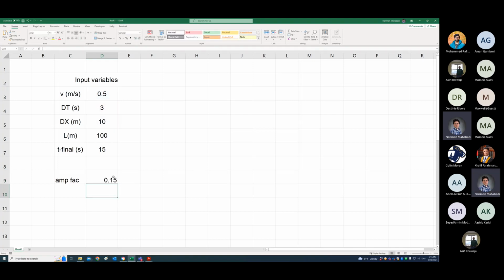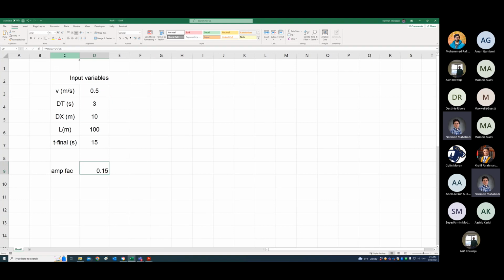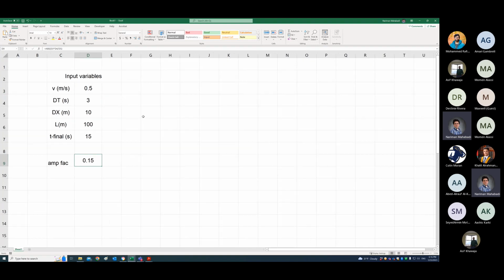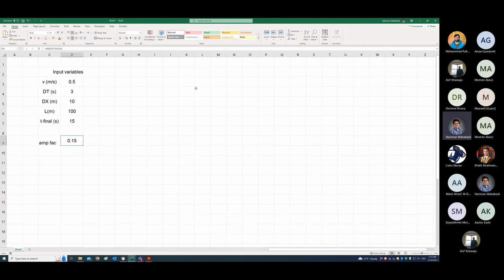So now the amplification factor is 0.15. If you remember, this is less than 1, so we would expect a stable condition, but with damping. However, that's not the case because the velocity is positive. I'm going to talk about this, but let's just make this discretization.